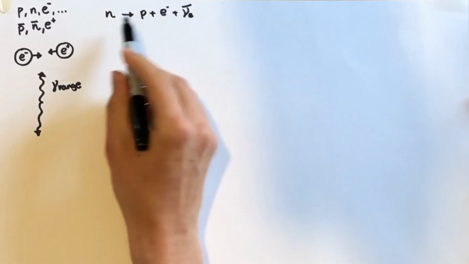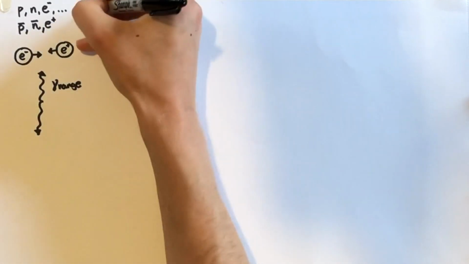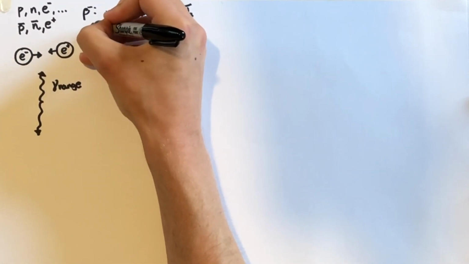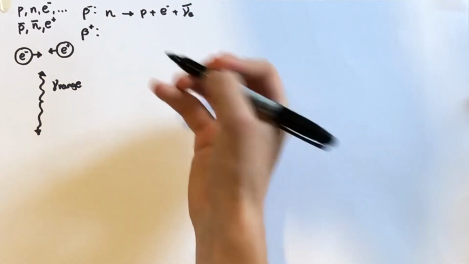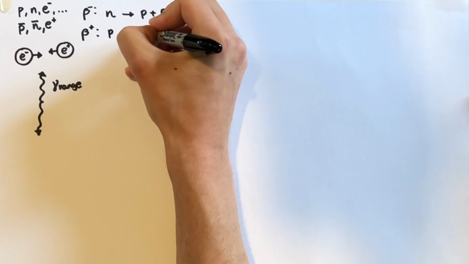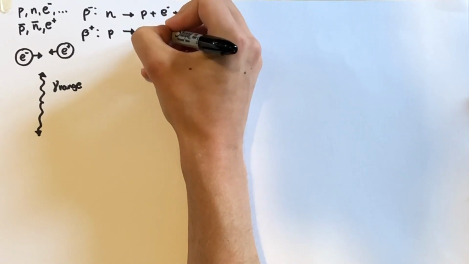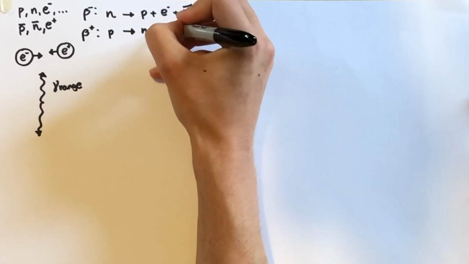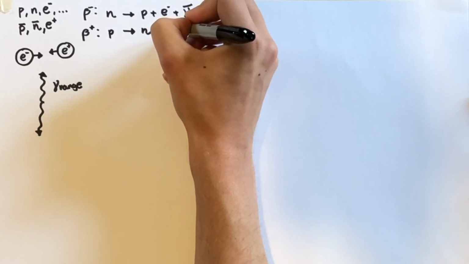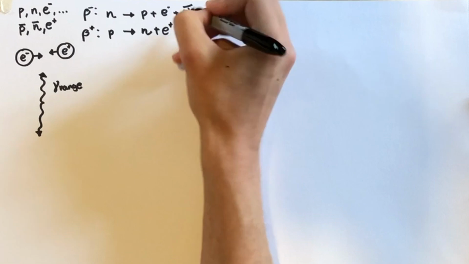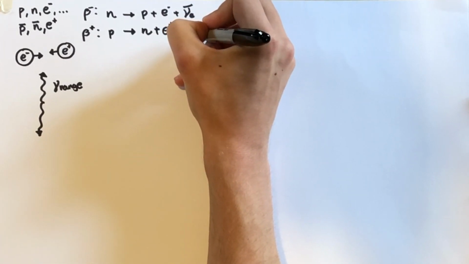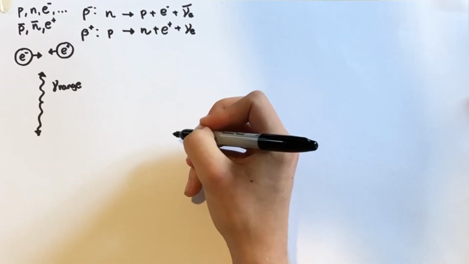So that's basically the standard equation for beta minus decay. Now beta plus decay, almost the opposite happens. You have a proton changing into a neutron, but instead of releasing an electron, you get a positron. And instead of an anti-electron neutrino, you get just a normal electron neutrino.